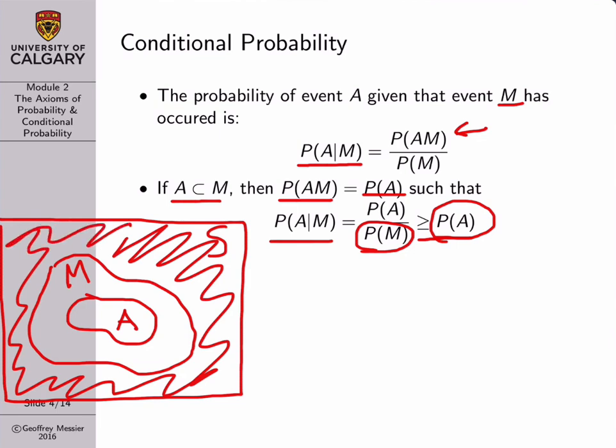So in fact, we've reduced our uncertainty. Now, we haven't completely eliminated it because A is again within M, and there are some elements in M that don't correspond to A. So we do have some uncertainty still within M, but we've narrowed things down. And so what happens then is that the probability of A, given that M has occurred, is greater than or equal to just the plain old probability of A before we had any information about M at all.